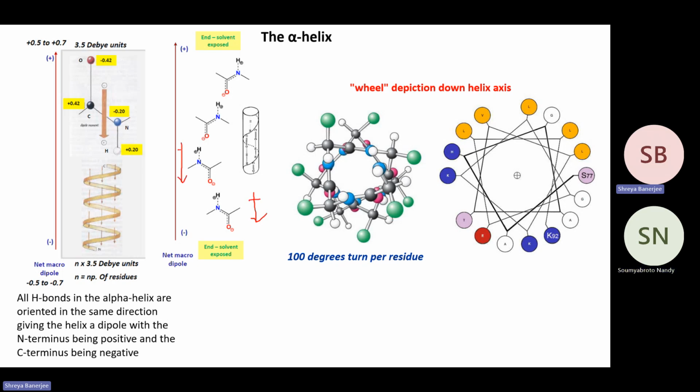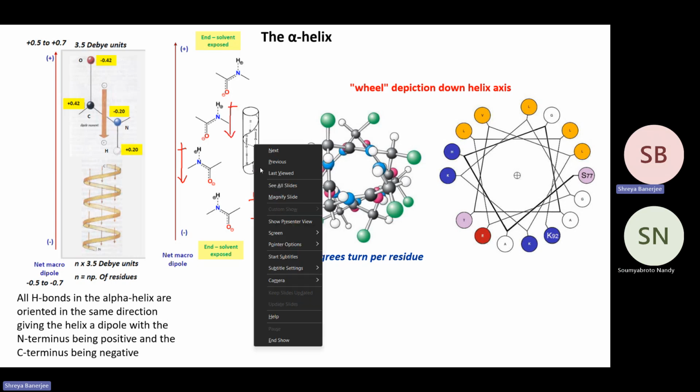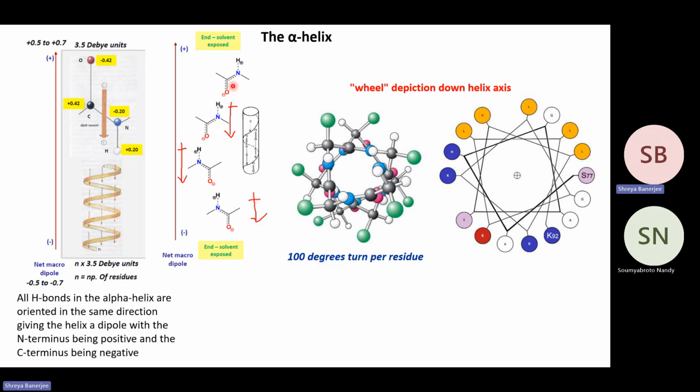Like that, each amino acid has a dipole moment. Since all the dipole moments are in the same direction, the helix will have a net dipole moment. You can see the net dipole moment is around minus 0.7 to minus 0.5 Debye. That is called the macro dipole of the helix.